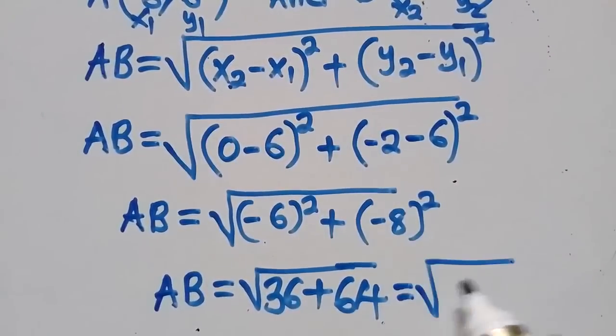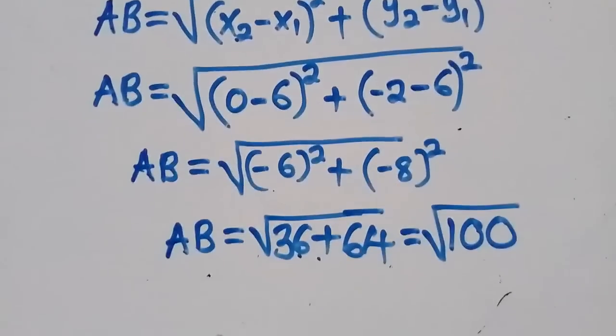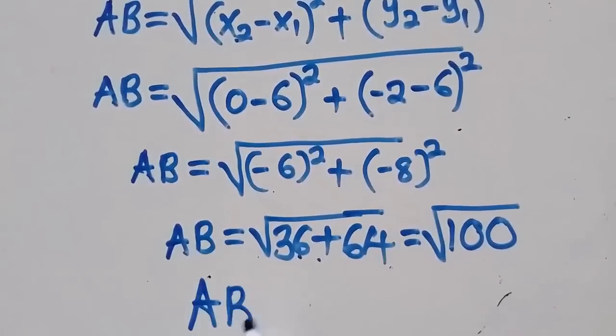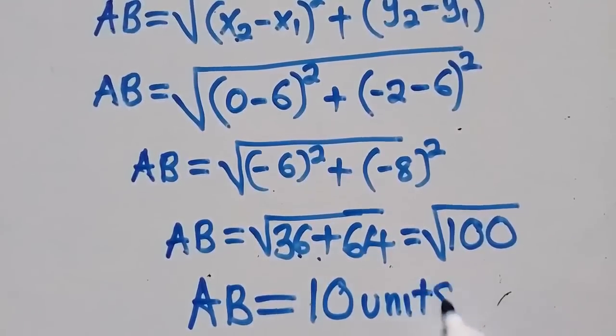Under the same root, 36 plus 64 is 100. The square root of 100 is 10. Therefore AB is equal to 10 units. That's the distance. That's how you need to calculate the distance.